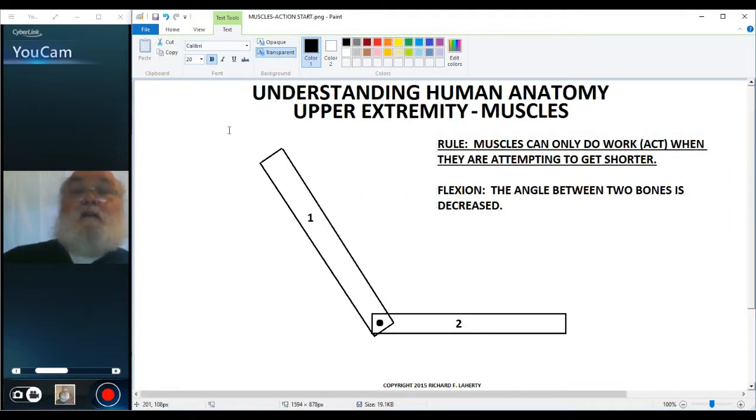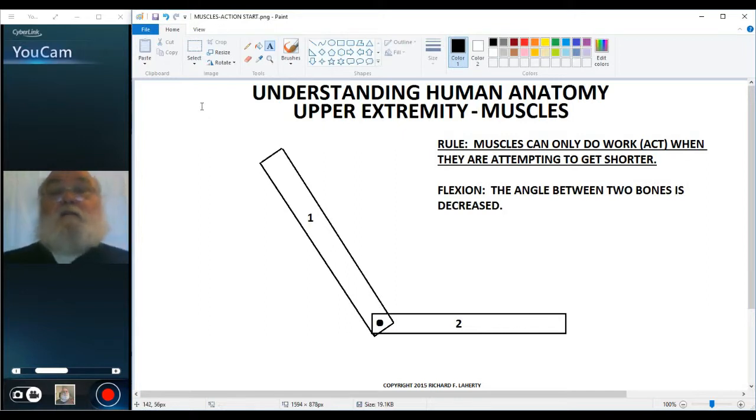So in our diagram here, and I've just used two rectangles to indicate two bones, and the dot is the pivot point forming the joint.